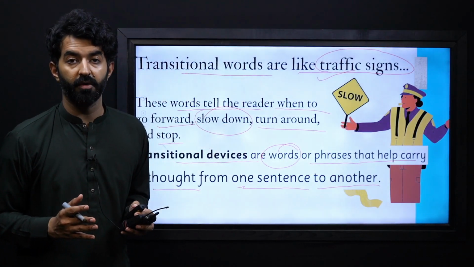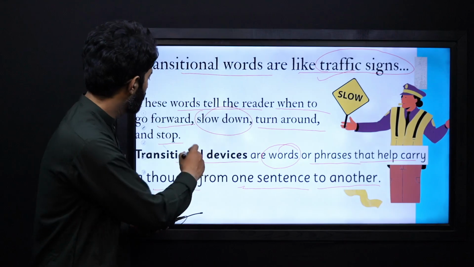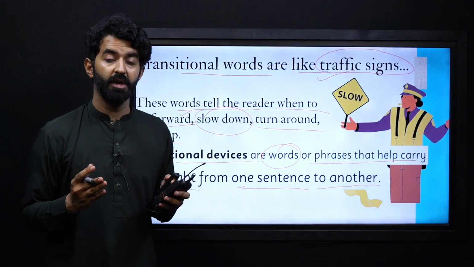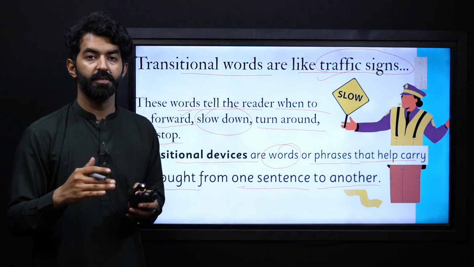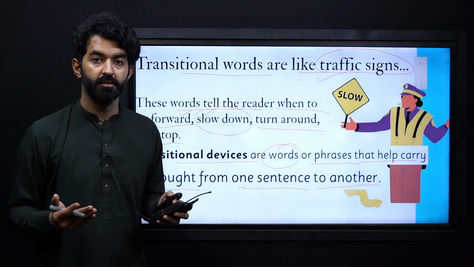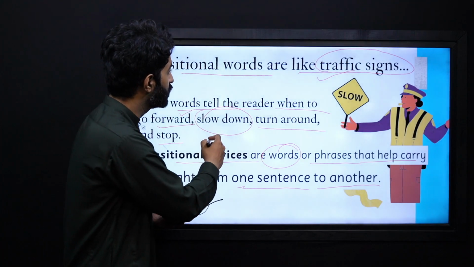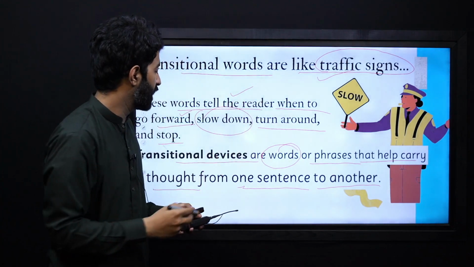So what does it tell us? It tells us when we have to move forward, stop, turn around, and all these things will be catered for when we use our transitional devices.